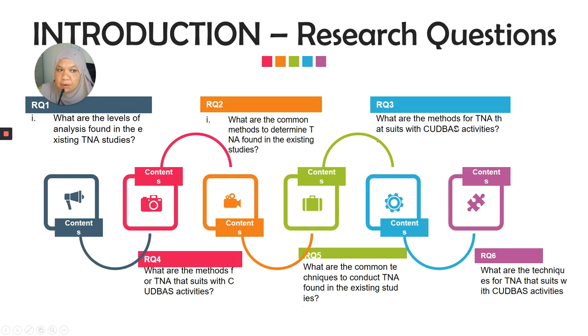What are the methods for TNA that suit Cudbas activity? Research question 4 is: what are the methods for TNA that suit Cudbas activity? What are the common techniques to conduct training needs analysis? And the last one is: what are the techniques for TNA that suit Cudbas activities?